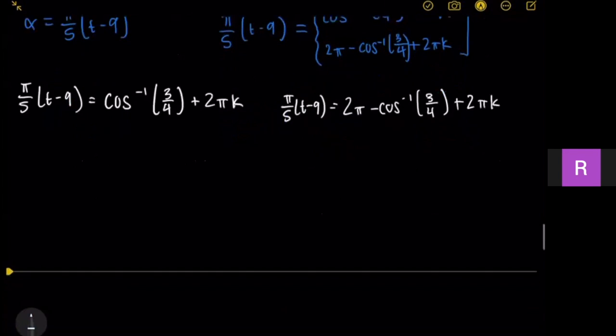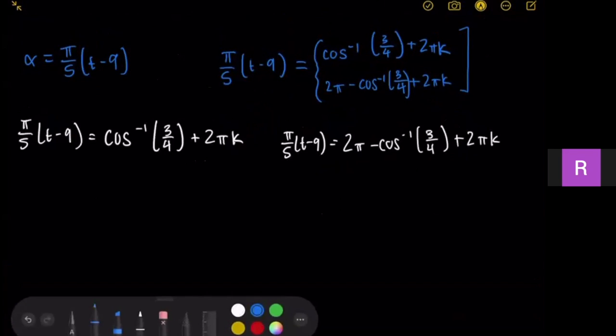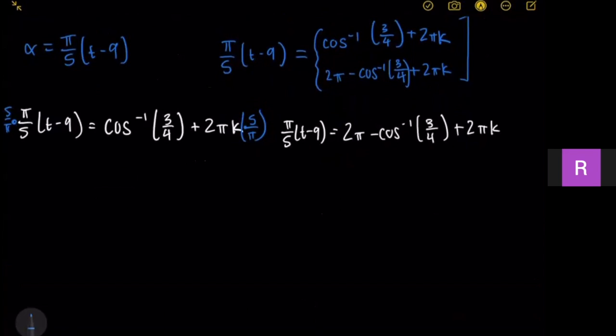So in this first part here, we're going to multiply by 5 over pi, and multiply also this side by 5 over pi. And then this is going to give us t minus 9 is equal to 5 over pi inverse cosine of 3/4.